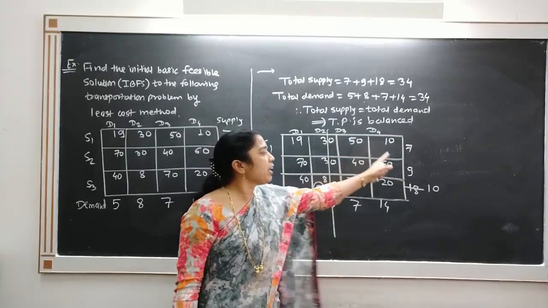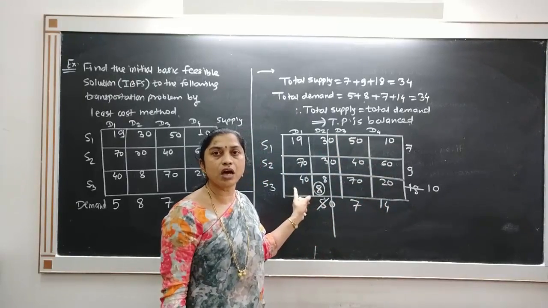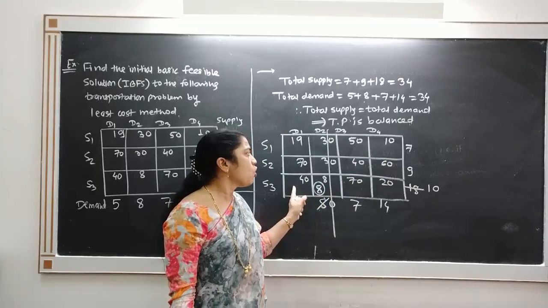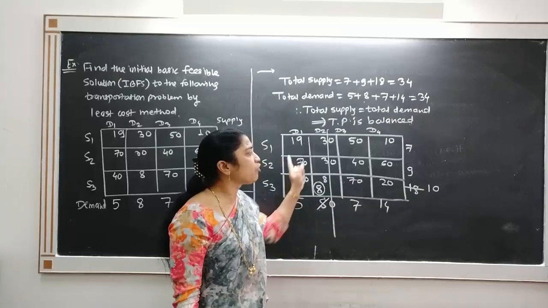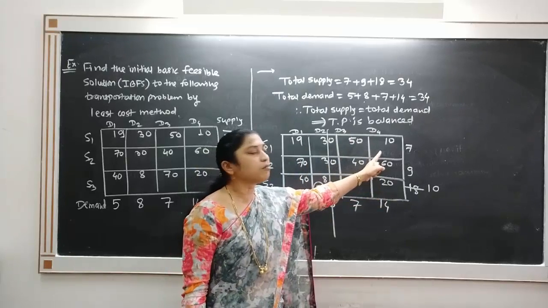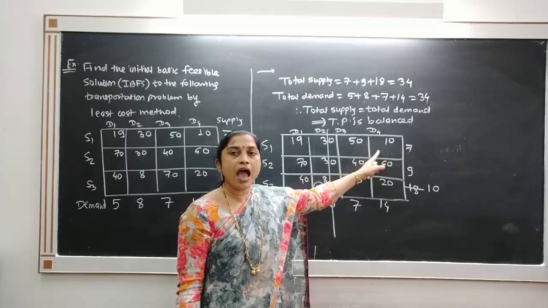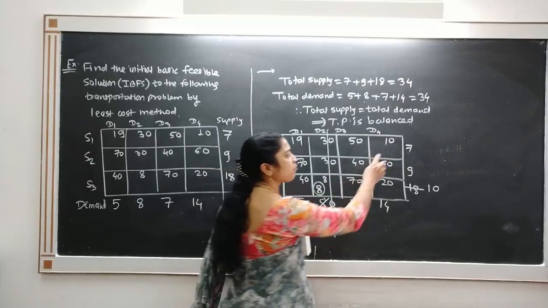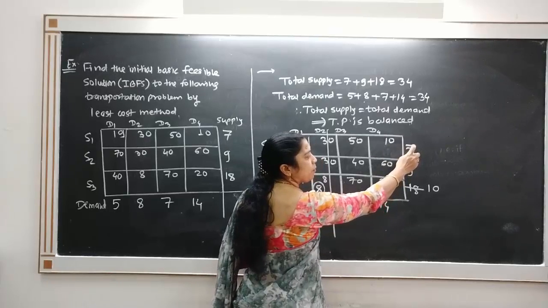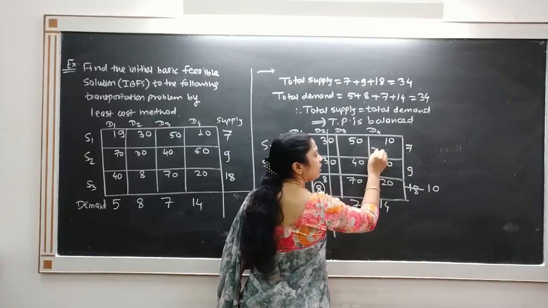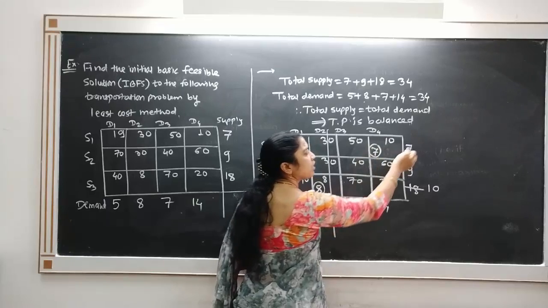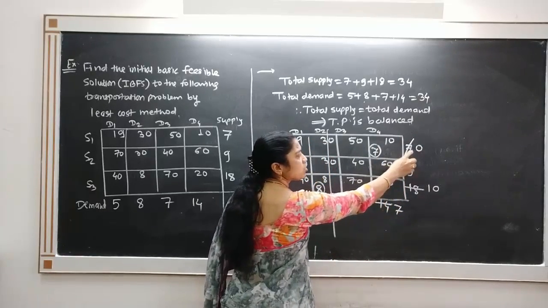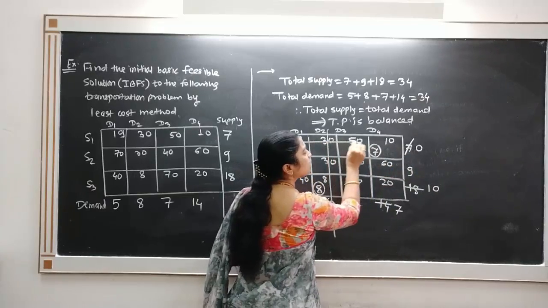Now again from the remaining uncrossed elements, select the smallest element, which is 10. Allocate as much as possible to this cell: minimum of 7 and 40, that is 7. Allocate 7, remains 0, remains 7. Because this row has 0 supply, cross out this row.